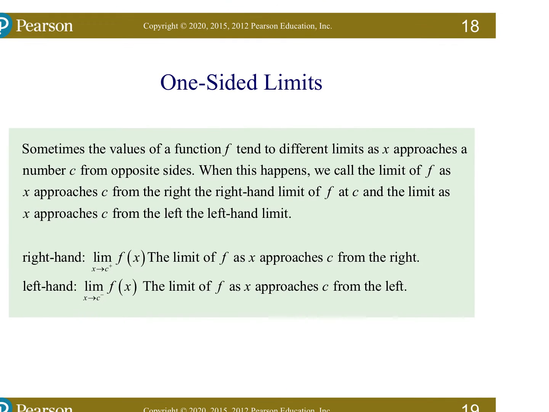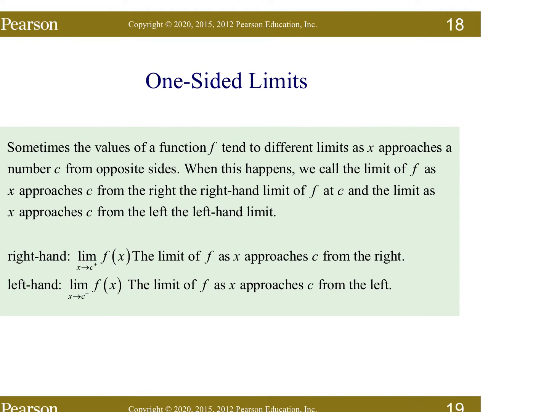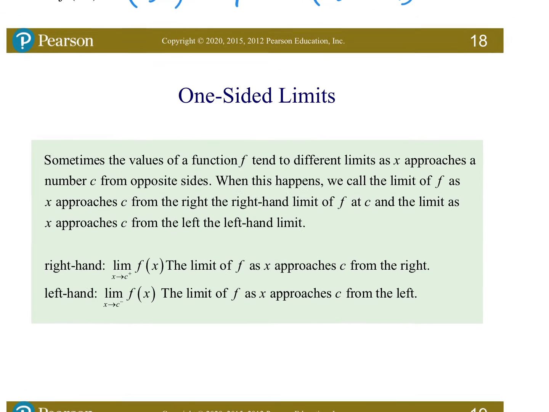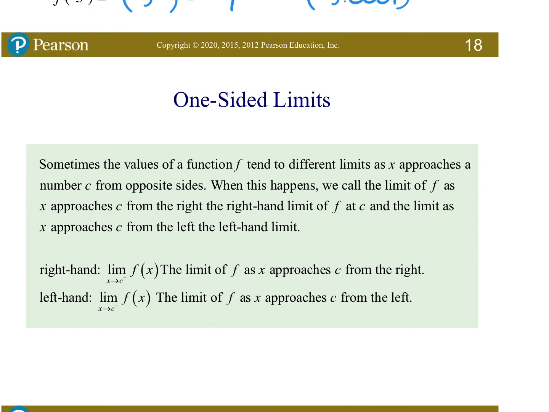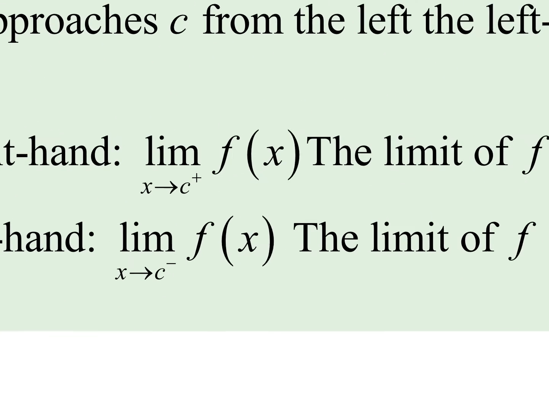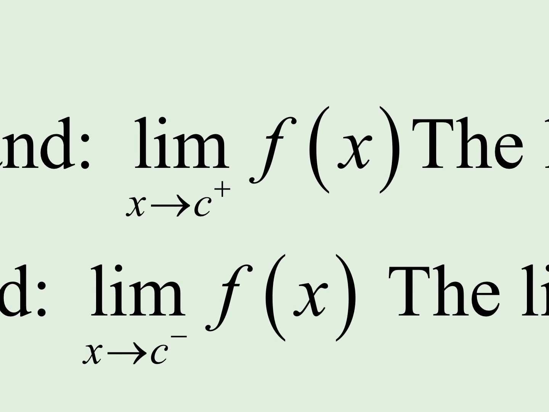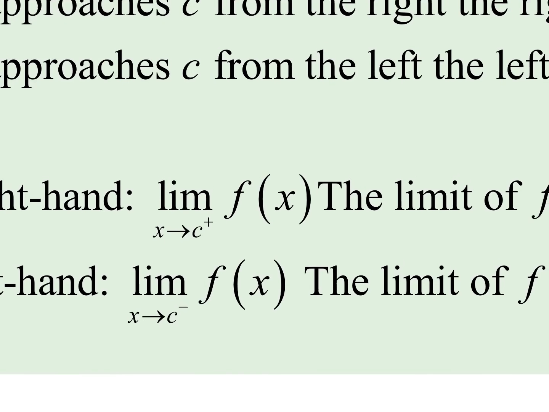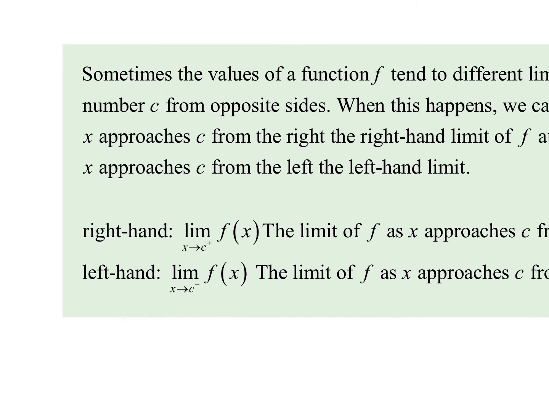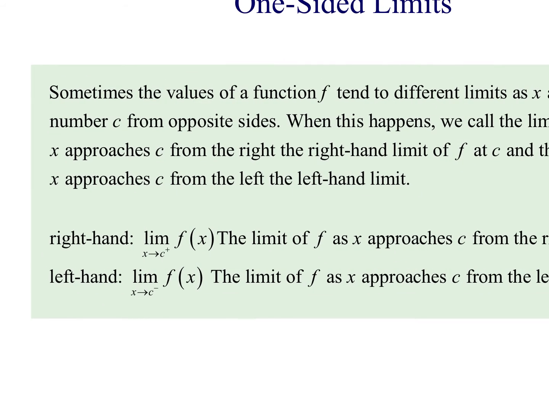Okay, so for a one-sided limit, we talk about approaching from the right-hand side or approaching from the left-hand side. Sometimes those values are the same, but sometimes those values are different. And so that's what is defined as a one-sided limit. So you'll notice when it has the little plus or minus on the value that the x is approaching, okay? We talk about these algebraically, but a lot graphically.